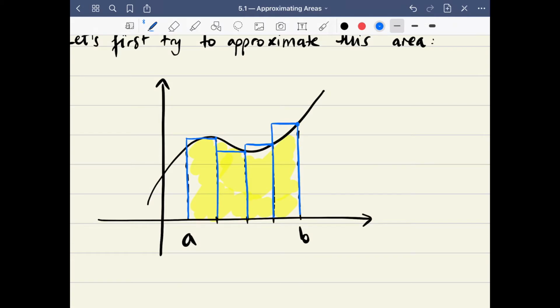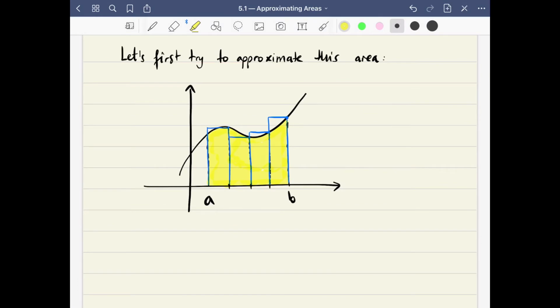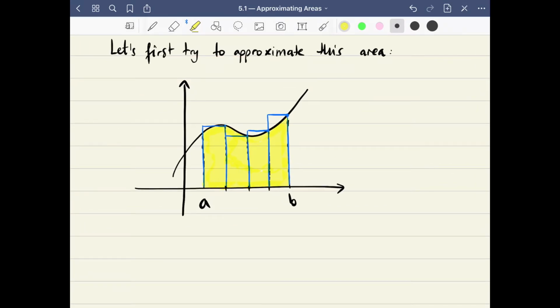Now we're going to say that instead of finding the area shaded in yellow, let's find the areas of these rectangles. If I'm finding the yellow area, I'll find the areas of the blue rectangles.